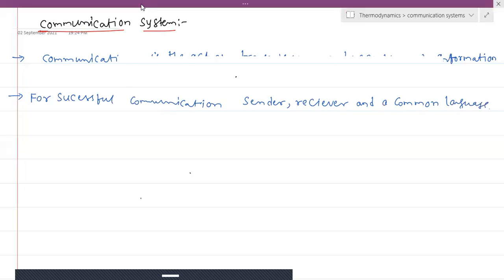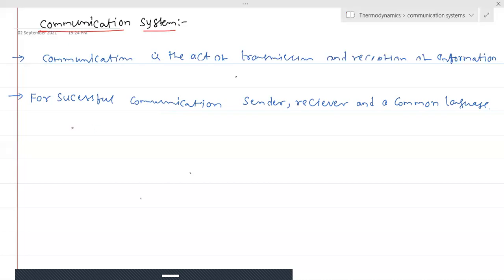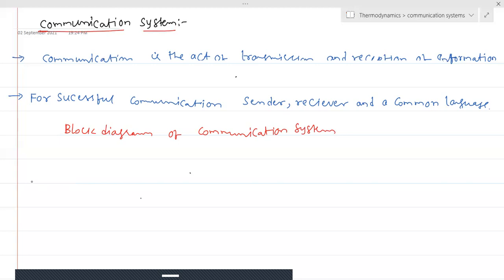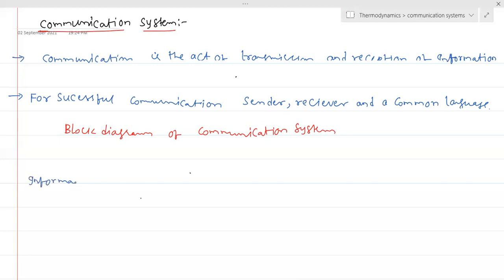The most important point of a communication system is the block diagram. So we will see the block diagram of communication systems. In the block diagram we have several steps. First, the information source.